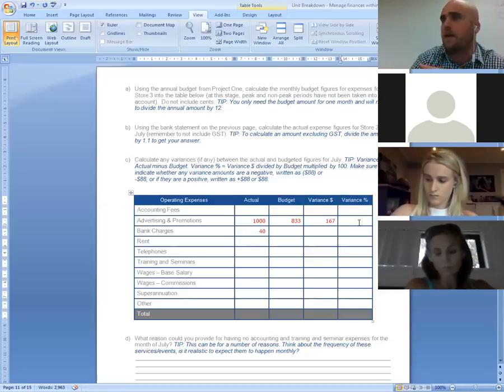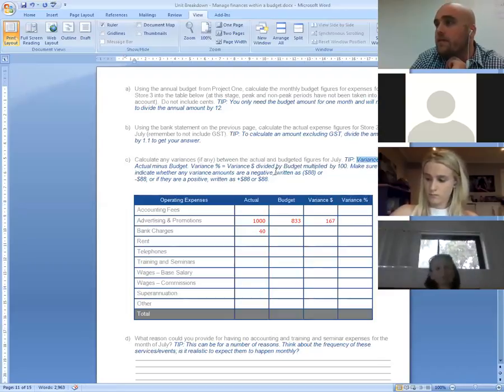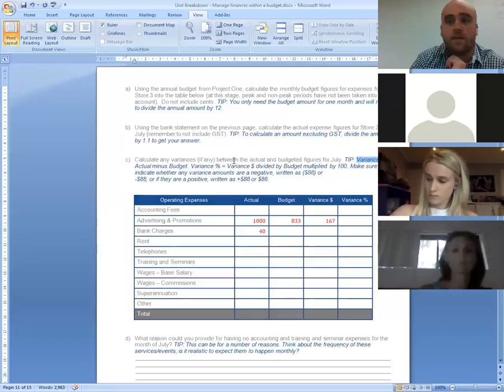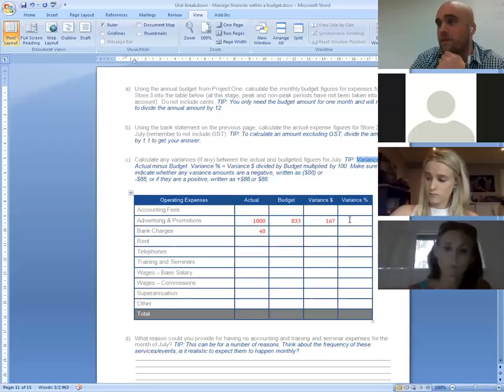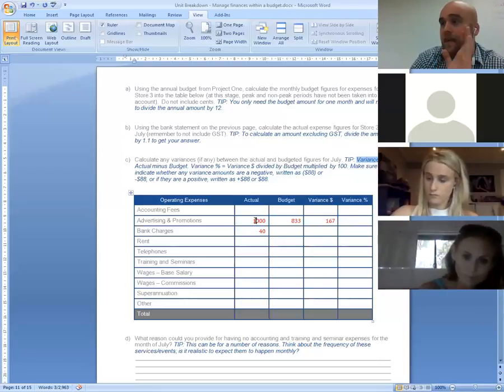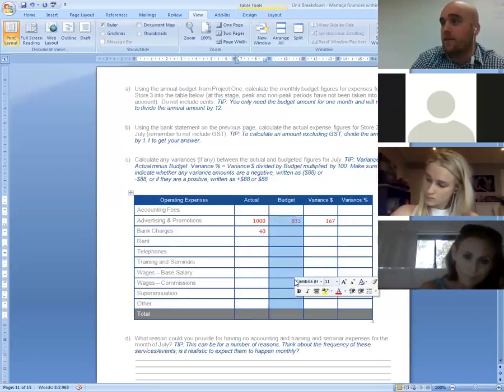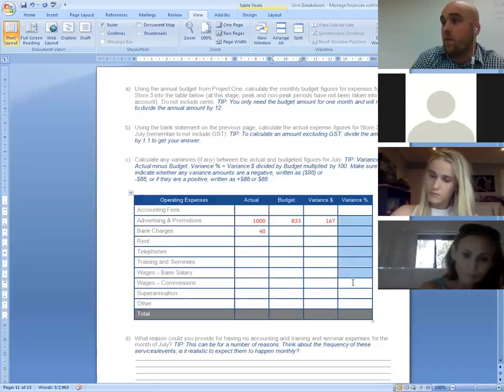I can't remember off the top of my head. The formula is here too. So if you do get a bit confused, just have a look at the formula there, or have a talk to me. So you'll be filling out this one, working out the variance, and then the percentage variance for each one.